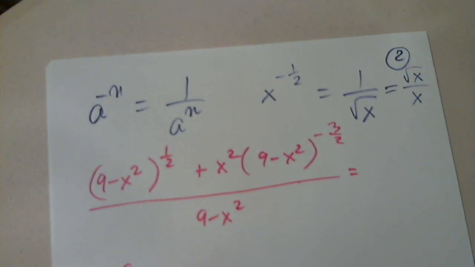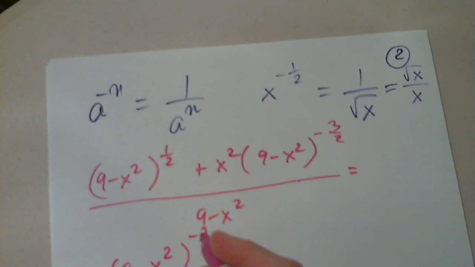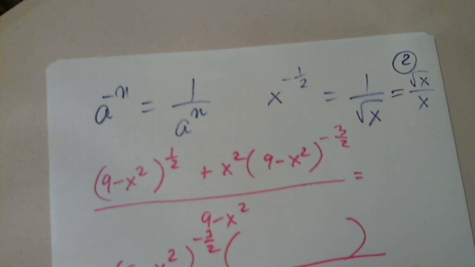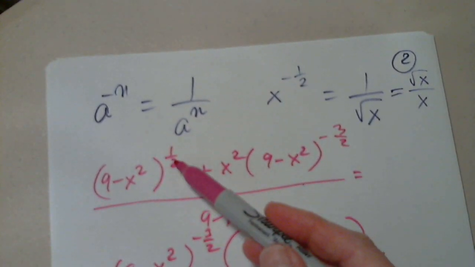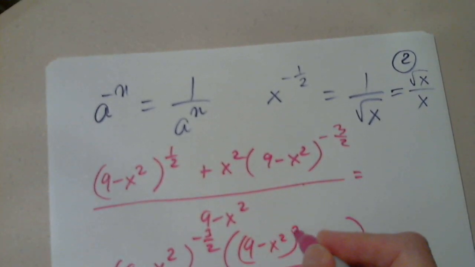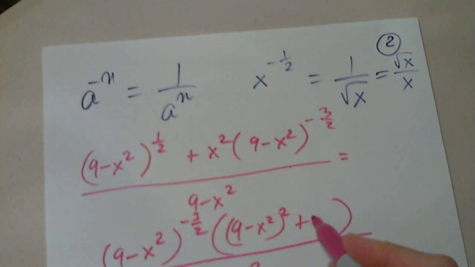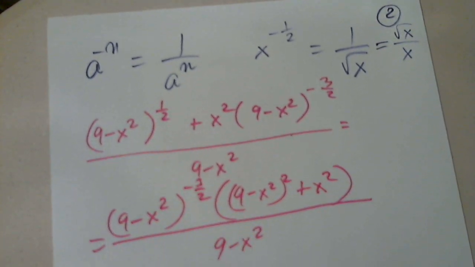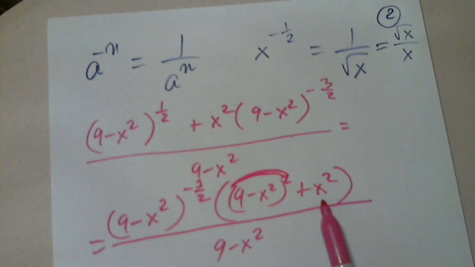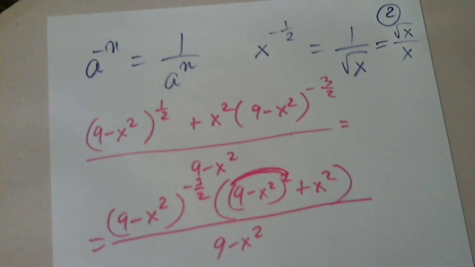We have to factor out 9 minus x squared to negative 3/2 this time. In this case, we have 1/2 minus 3/2, which will be 9 minus x squared to power 2. And plus x squared. That's the only difference. And now I have to square this. And then add x squared. And everything is the same.